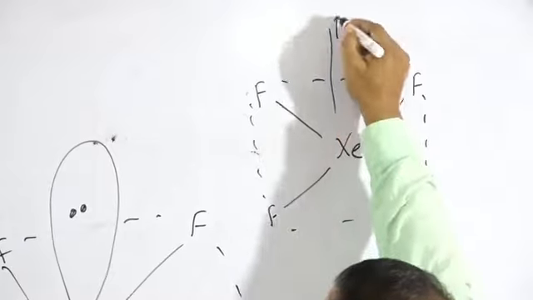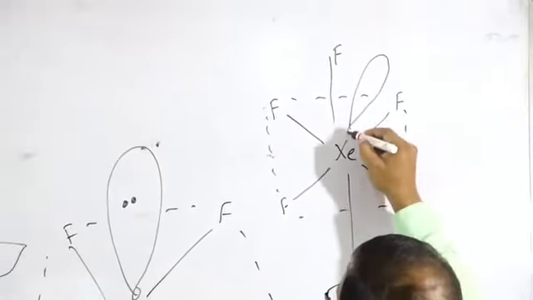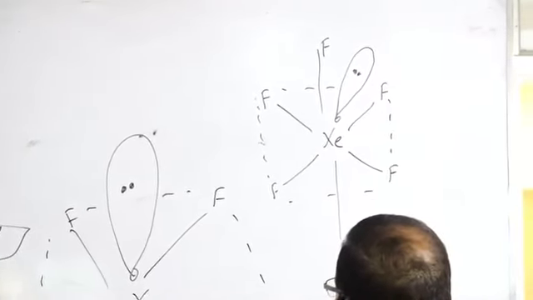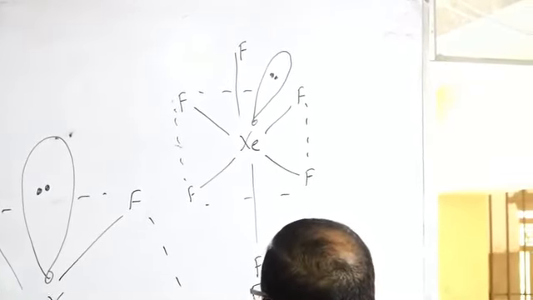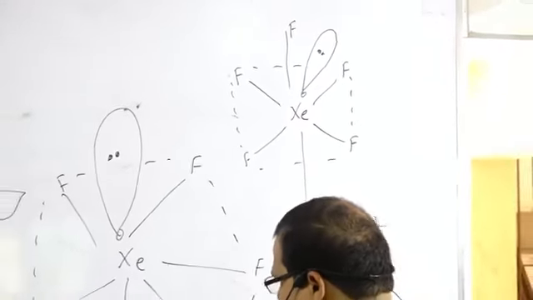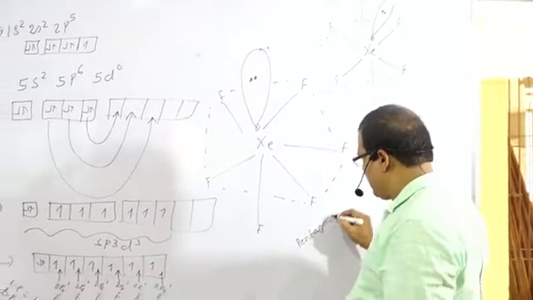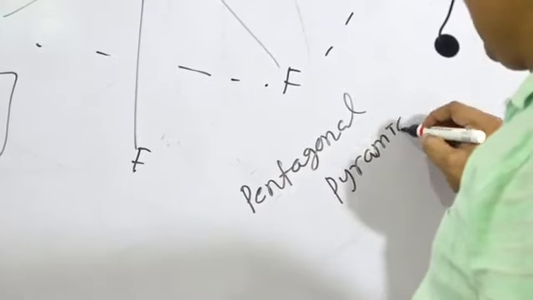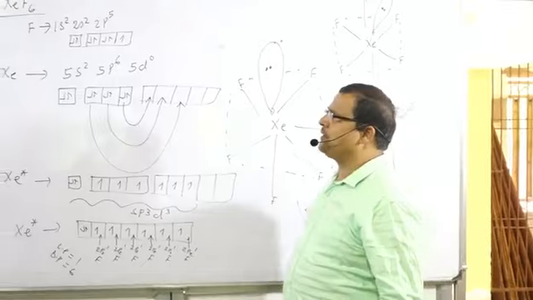Xe, with one fluorine atom, and on this side there is the lone pair of electrons, giving the distorted octahedral structure. This is the most preferred structure for this one.